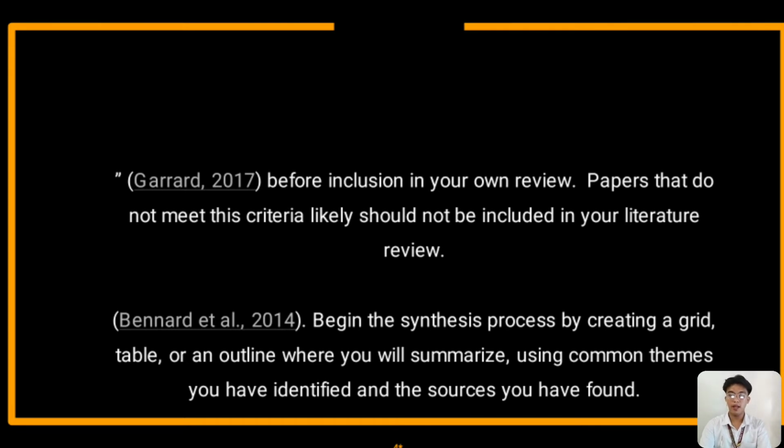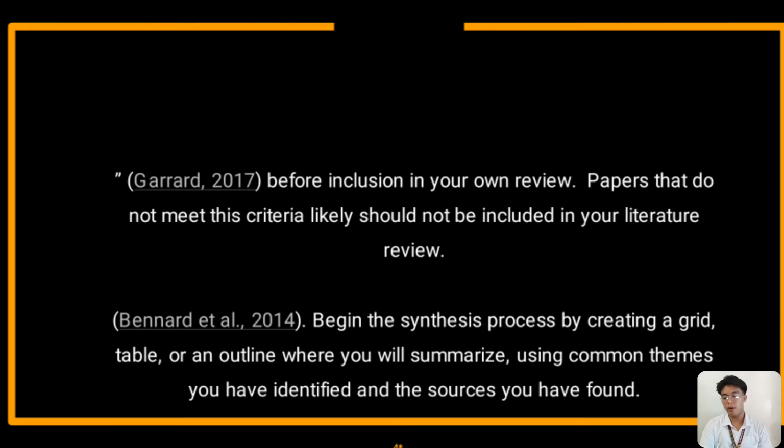So basically, the summary grid or table will help you to compare and contrast the themes so you can see the relationship among them, as well as the areas where you may need to do more searching.